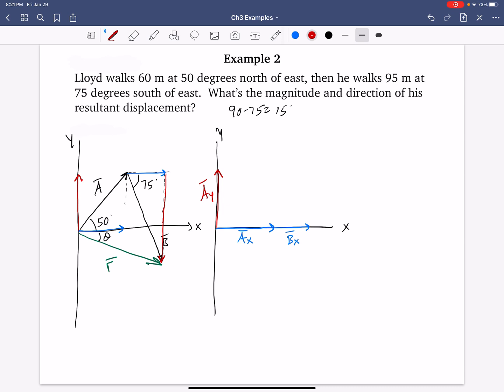Do I want to do it over there? I'm going to draw it over here, so going back down. That might be hard to read. Tell you what, let's do this. Okay, that's AY.